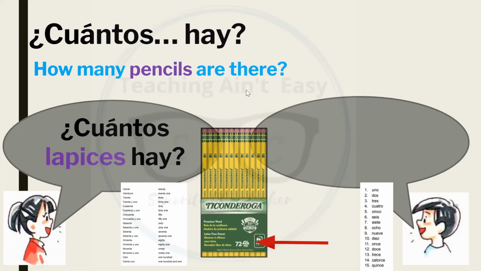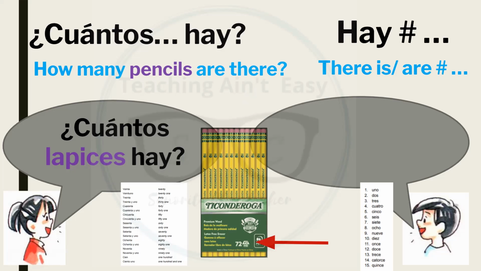So we need to say that there are 72 pencils. To say there is or there are in Spanish, we use the word, that's right, hay. And then we're going to put the number and then we put the word pencils.